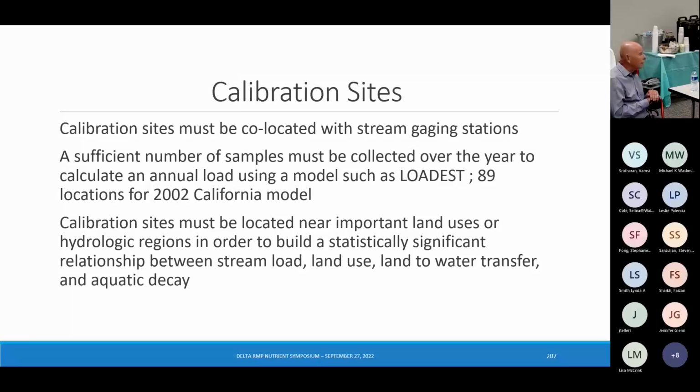If we don't get a good statistic on that, we just can't really use that location as a calibration site. So we had 89 locations for our initial model. And then these calibration sites have to be located near important land uses or hydrologic regions in order to build a statistically significant relationship between stream load, land use, the land to water transfer, and aquatic decay.